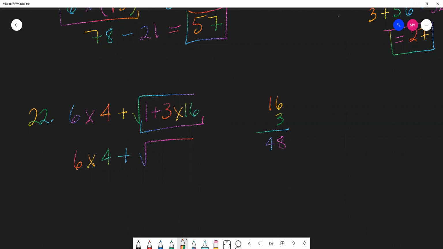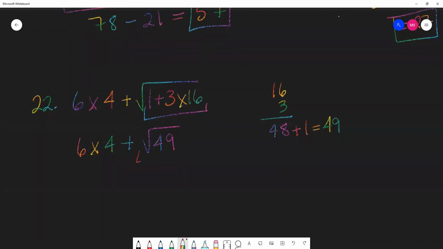You got to do your order of operation inside your grouping symbols. 16 times 3 we do first, that's 48. 48 plus 1 is what? All right. So again, square root comes before addition or multiplication.